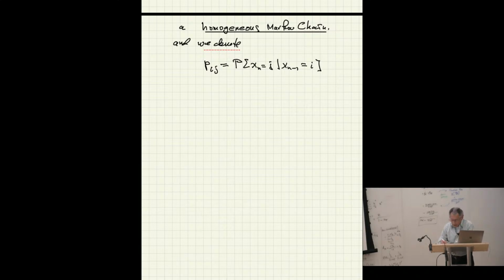I want to talk about something called the m-step transition probabilities.